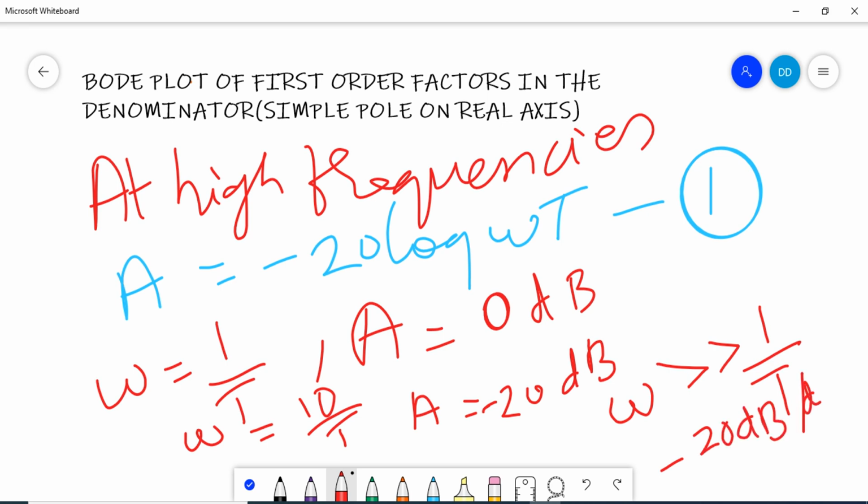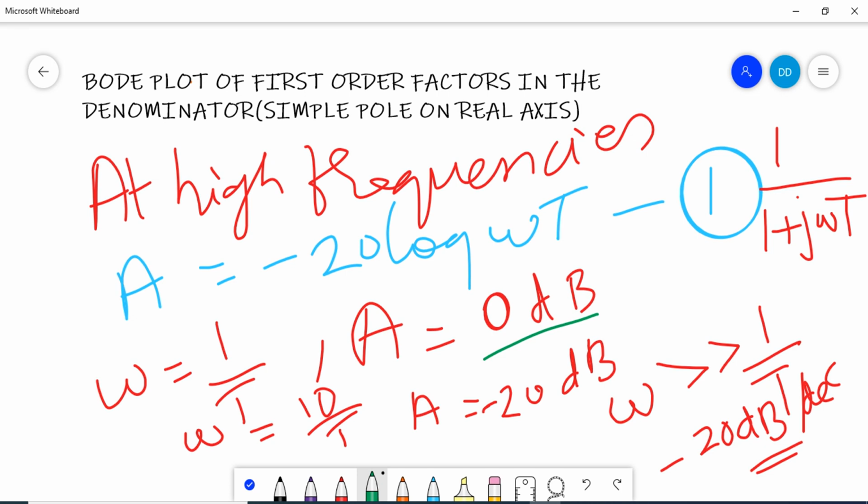So if we have a simple pole on the real axis, the factor which is 1 by 1 plus j omega T, which we had considered, can be approximated by two straight lines. One straight line is a 0 dB line for the frequency range omega varying from 1 to 1 by T, whereas the other is a straight line with the slope minus 20 dB per decade for the frequency range omega greater than 1 by T but less than infinity.